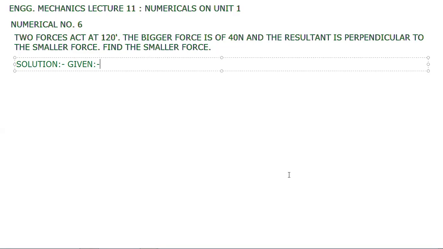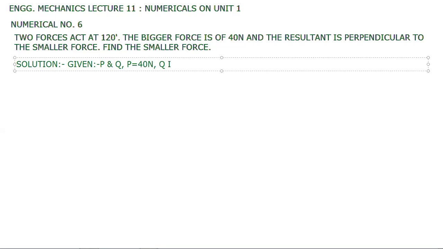You have been given that there are two forces, P and Q. The bigger force is P equal to 40 Newton, while the smaller force is Q, which is perpendicular to the resultant.